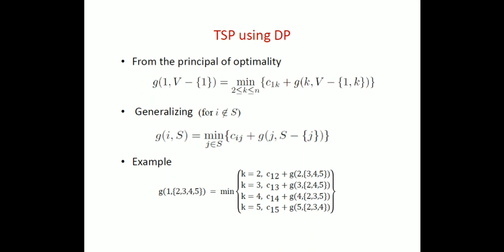From the principle of optimality, g(1, V - {1}) is equal to the minimum value obtained from C1k plus g(k, V - {1, k}). This gives us the length of the optimal tour.